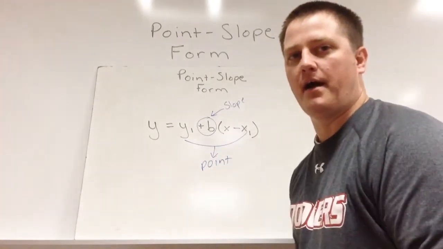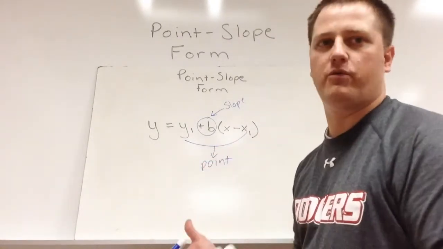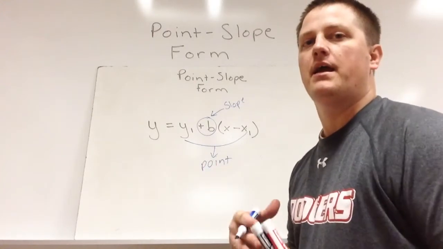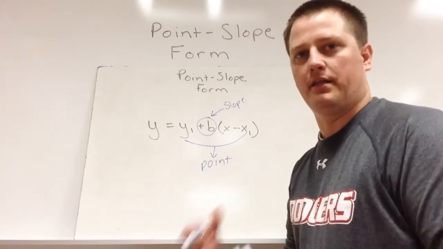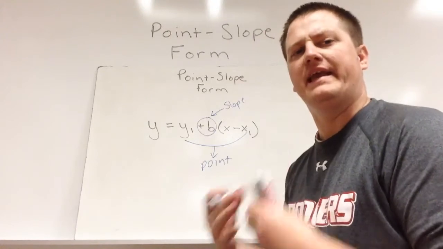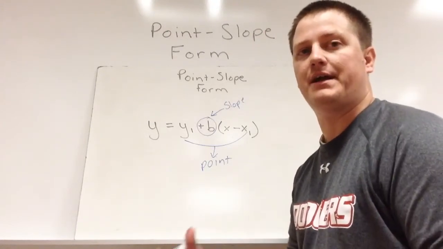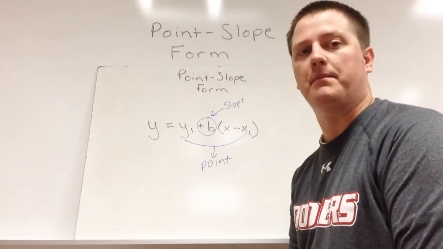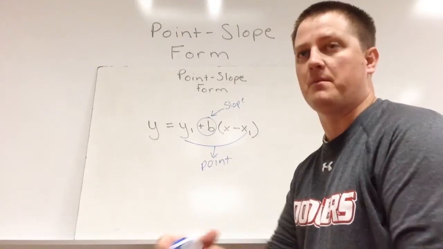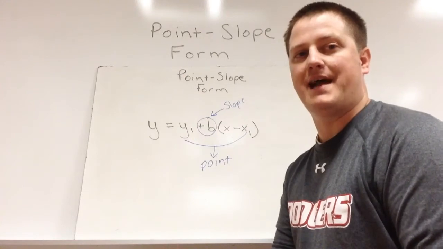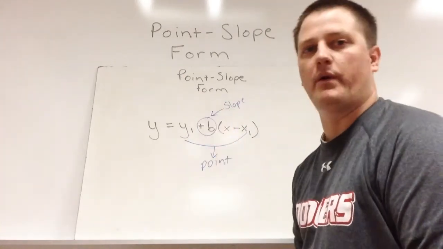One of the advantages of point-slope form over intercept form is you can use any point on the line. In intercept form, you have to have the start value. So if I don't have the start value, I can't really make an intercept form. But if I have some other point on the line that's not the start value, I can make point-slope form.